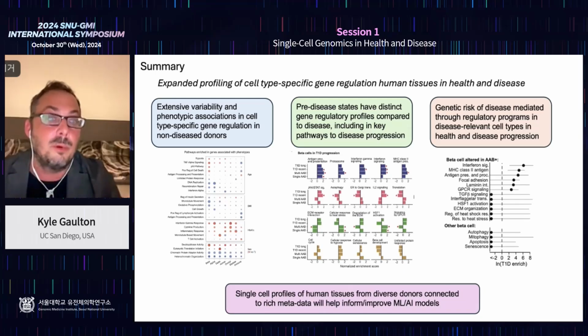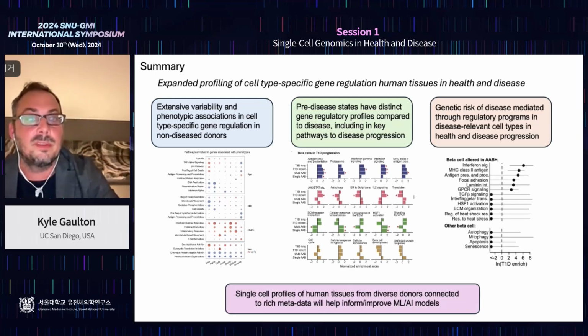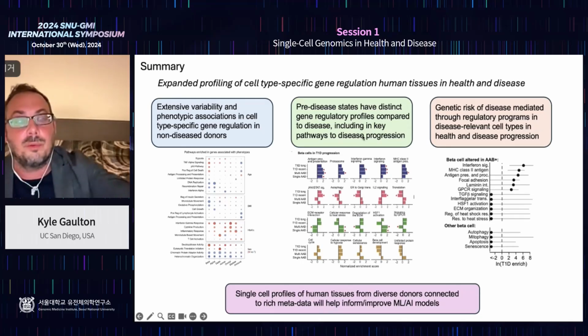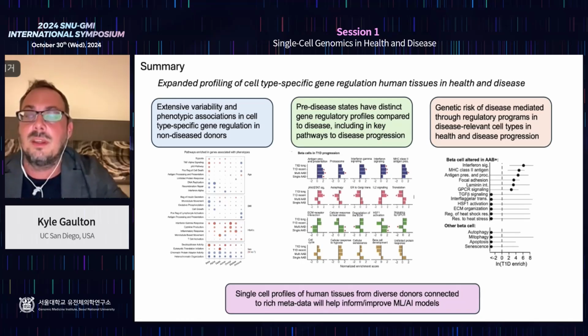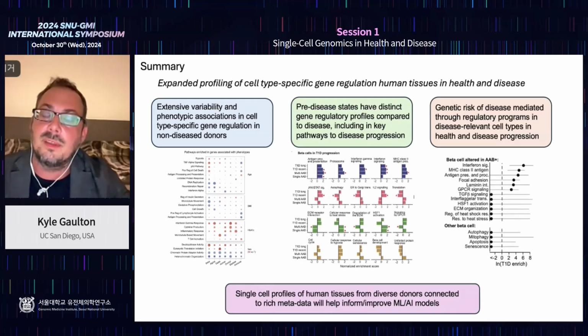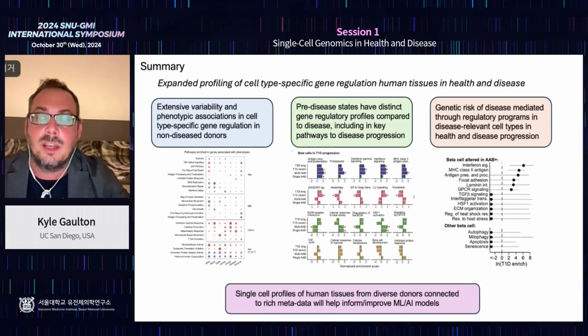Sometimes it's intermediate, but more often these are actually completely distinct processes than we see in disease states, and this highlights pathways involved in progression to disease that may be therapeutically actionable. Finally, genetic risk of disease is largely mediated through gene regulation. We can identify cell types involved in disease, as well as pathways, genes, and so forth that are on the causal path to disease.